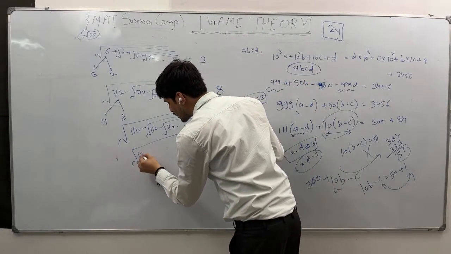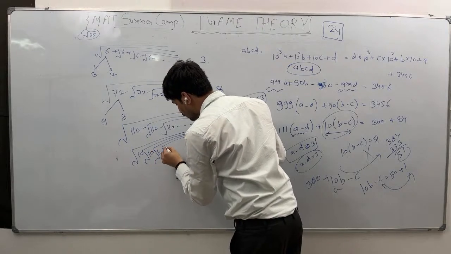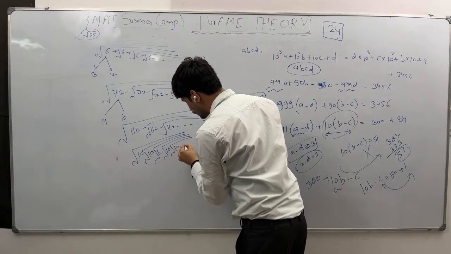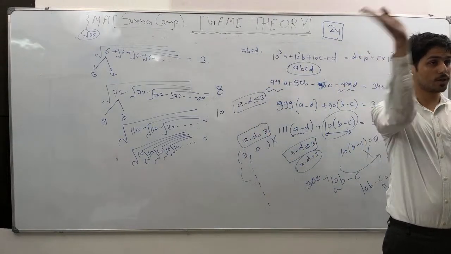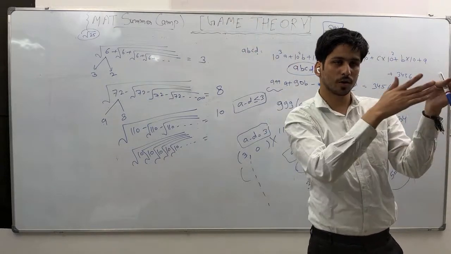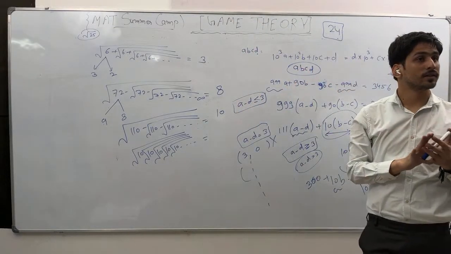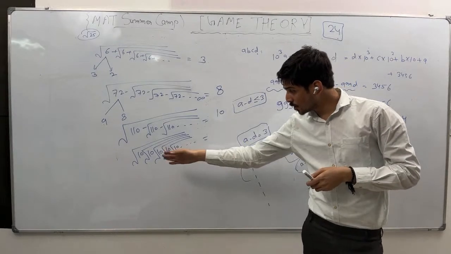Let's say you have such numbers like this. Now, if the numbers are multiplied, then what do you think? The square root of 10, then one more square root, one more, infinite times.